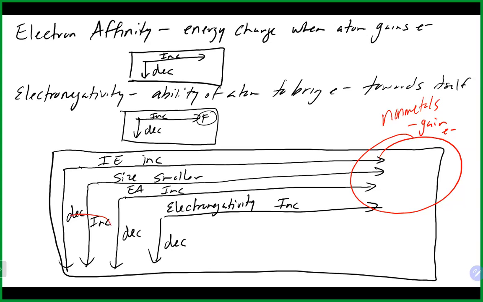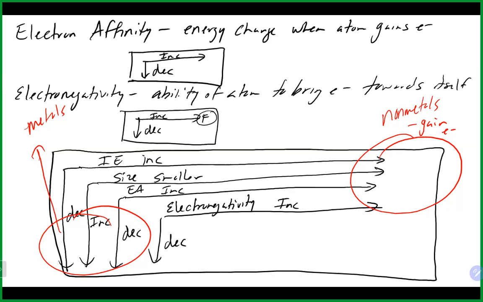As we go to the left of the periodic table, that is where we have our metals. And what we have as we go to the left is atoms that are much bigger, which means the outer electrons are further away from the nucleus and not held as tightly. That means that you have very low ionization energy, which means it doesn't take a lot of convincing to let an electron leave. They have very low electron affinity, which means they are not looking to gain electrons.